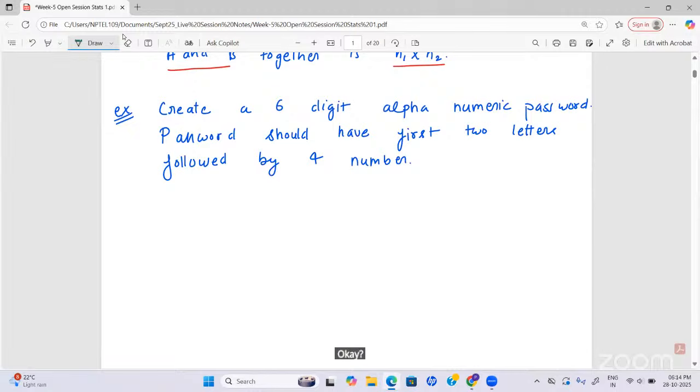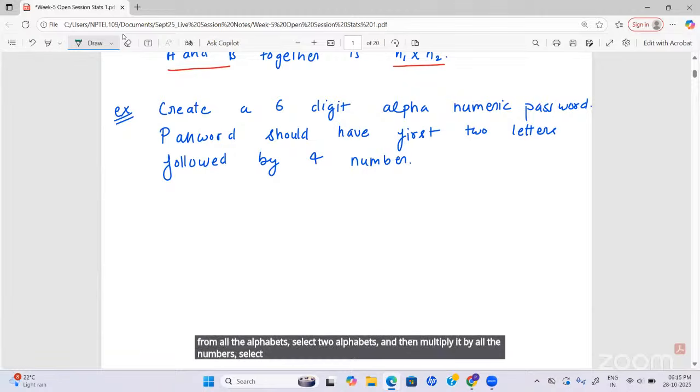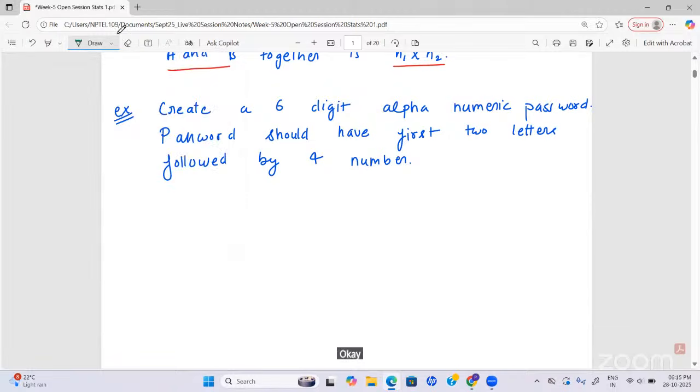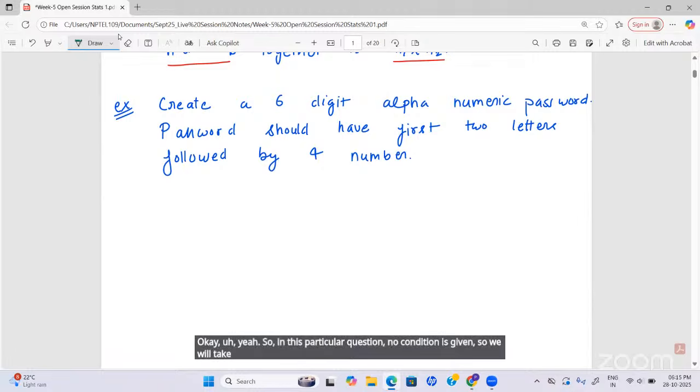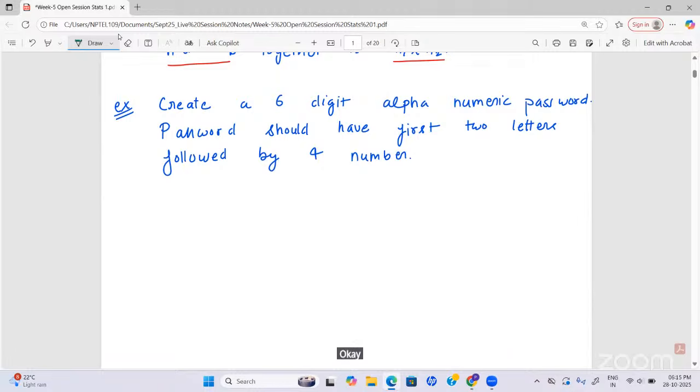From all the alphabets, select two alphabets and then multiply it by selecting four numbers from all the possible numbers. Are the alphabets capital or small? In this particular question, no condition is given, so we will take only one case, only uppercase or lowercase, not both.